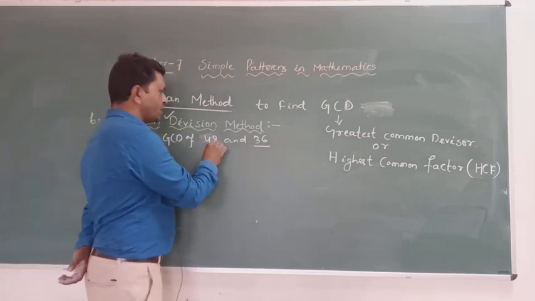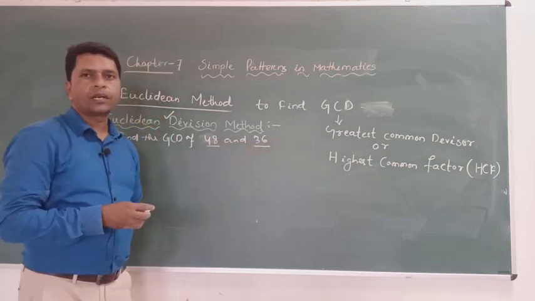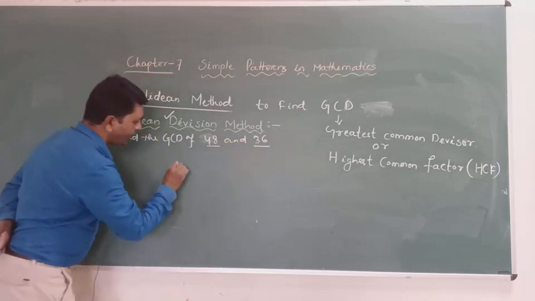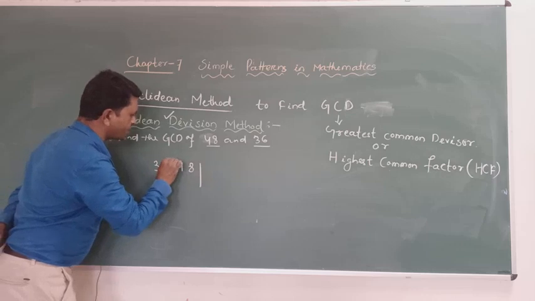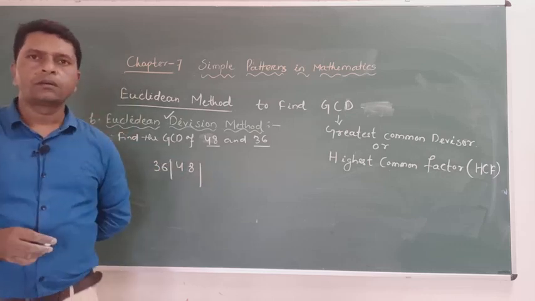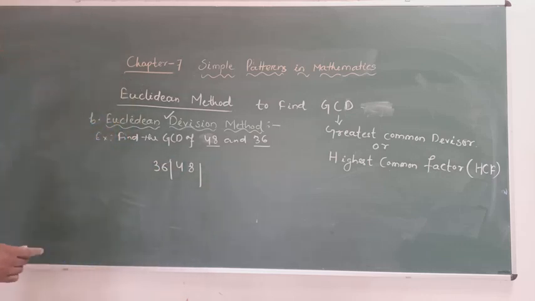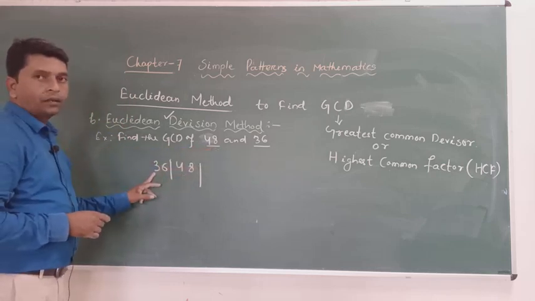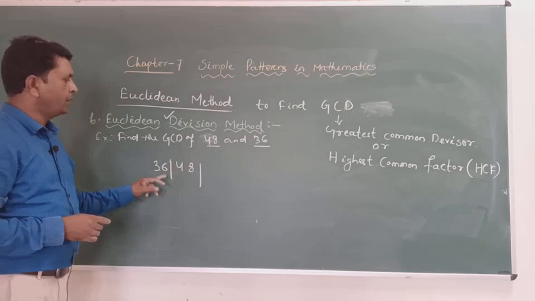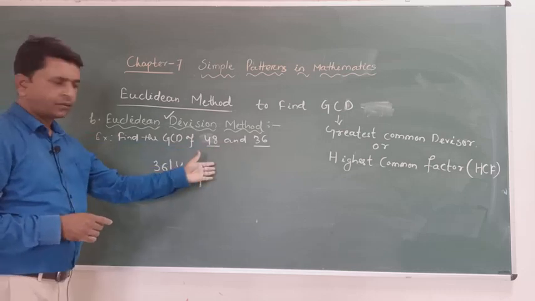The greatest number is divided by the smallest number, so we are going to divide 48 by 36. We just divide the greater number by the smaller number between the two numbers.